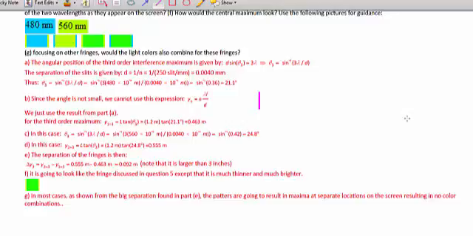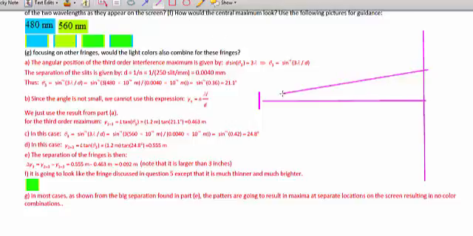this is where my double slit is, and this is where my screen is. So the central maximum is going to be if I go in the middle of my slits and go all the way to the screen. This is where my central maximum is going to be. Now for any other maximum, it's going to be off of that central maximum. So for example, I can have one maximum here.